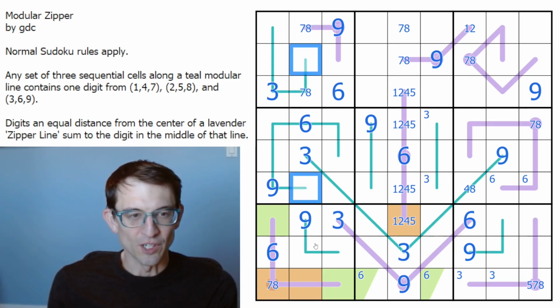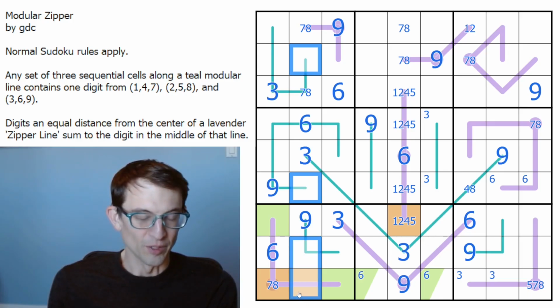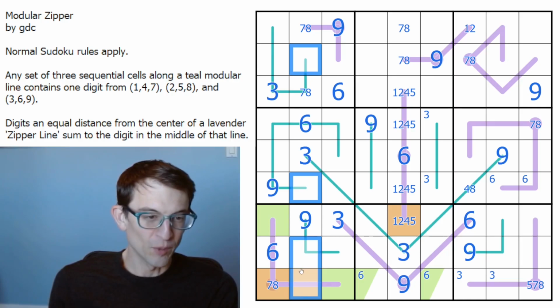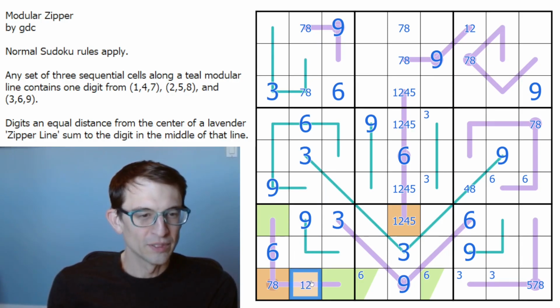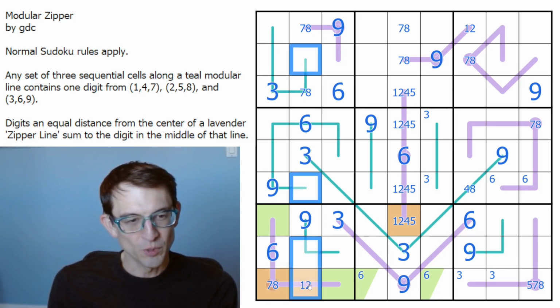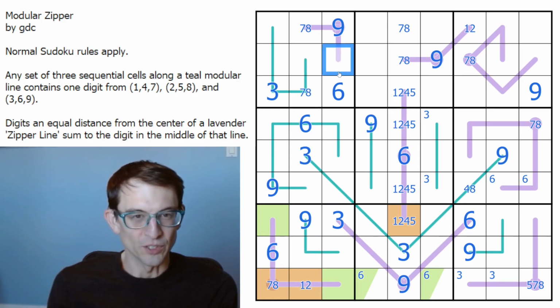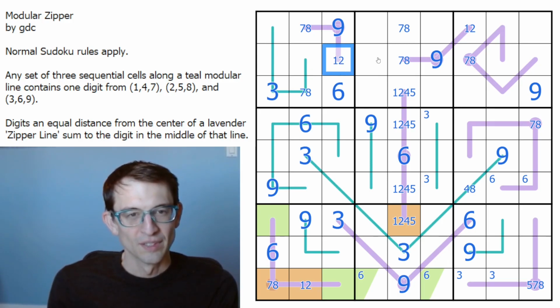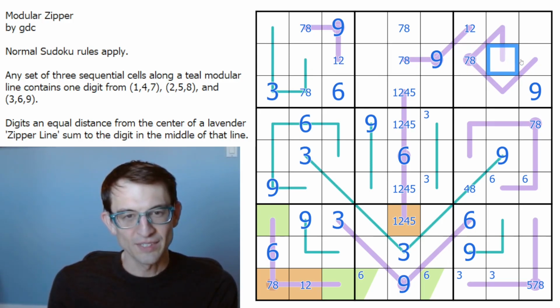That means these are 1, 2, 4, 5 in some order. Actually, this is 1 or 2 from just this sum I've had for a while. So these are 1, 2, 4, 5 in some order. And this is 1 or 2. So can I say?